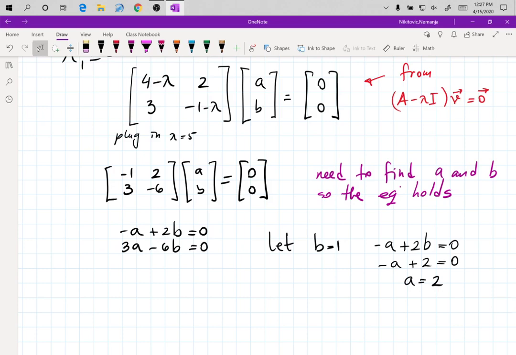So, we found our first eigenvector. When lambda 1 is 5, my first eigenvector v1 is A is 2 and B is 1.